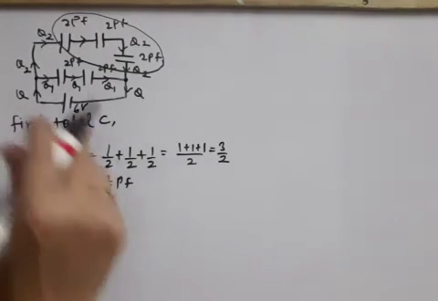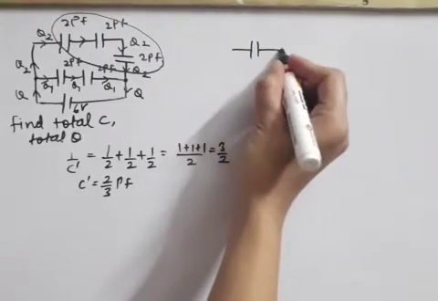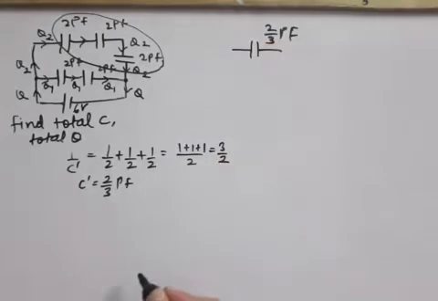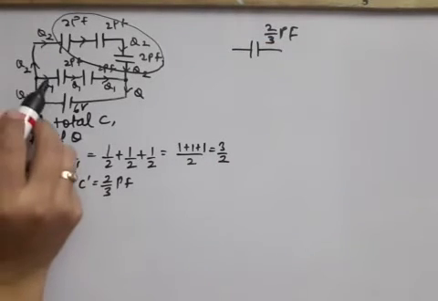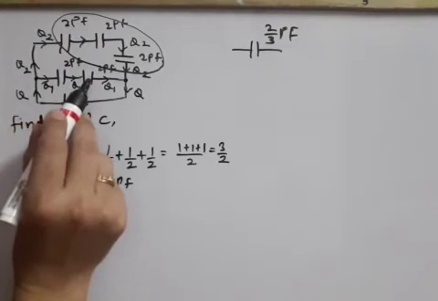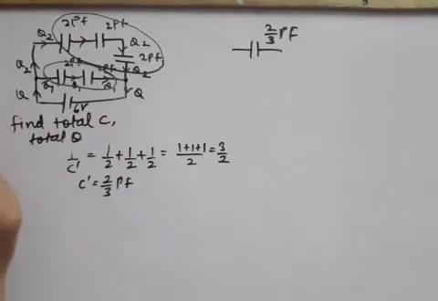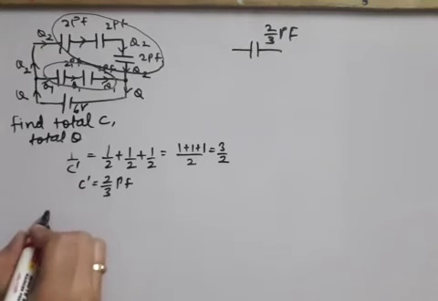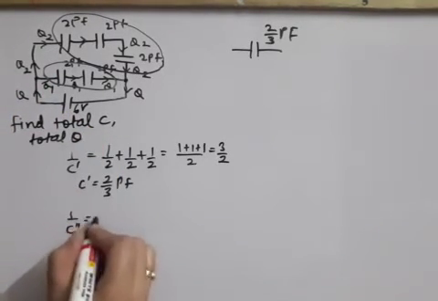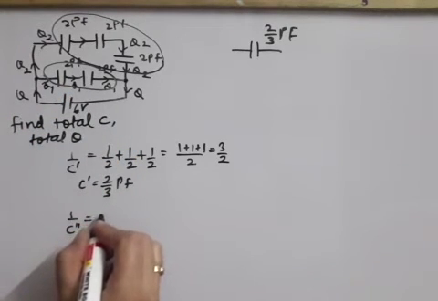What we have to do? We have to replace all the three capacitors by a new capacitance of value 2 by 3 picofarad in the circuit. Then we can take the lower branch now. Here first and second capacitor are carrying the same charge Q1, so they are also in series. Let us solve the net capacitance value of these two. We can call it C double dash. So because they are also in series, so the answer will be obtained by reciprocal addition.